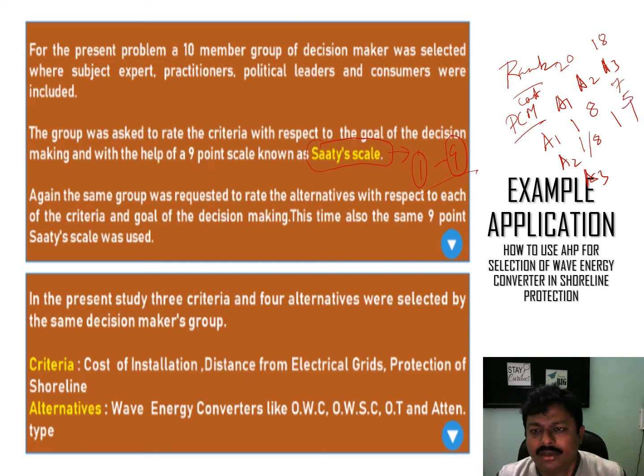And in case of A3, you see already we have calculated the comparison. A3 with respect to A1, here you see 7, so this will become 1 by 7. For A3 versus A2, A2 versus A3 is 5, so this will become 1 by 5.